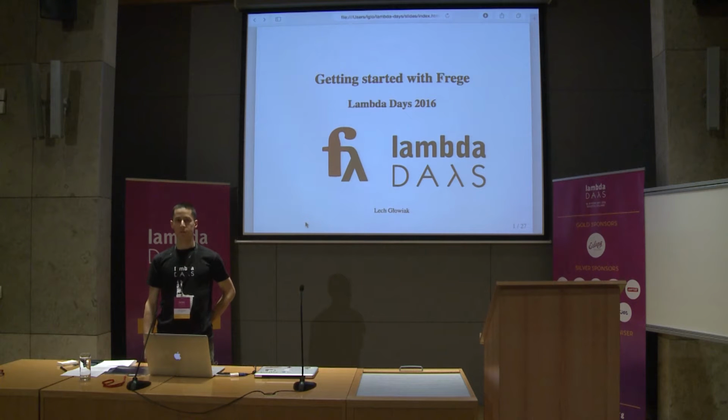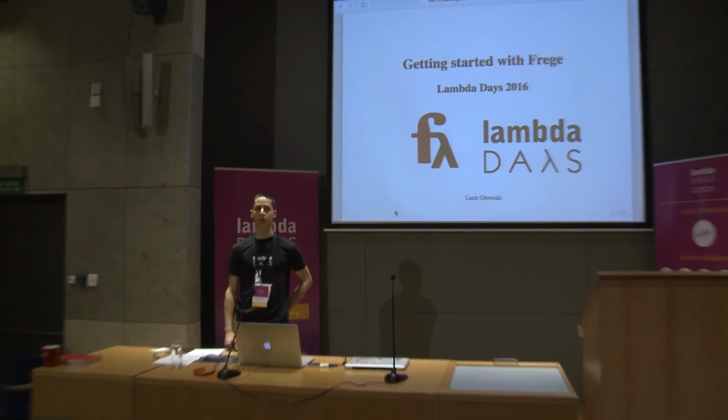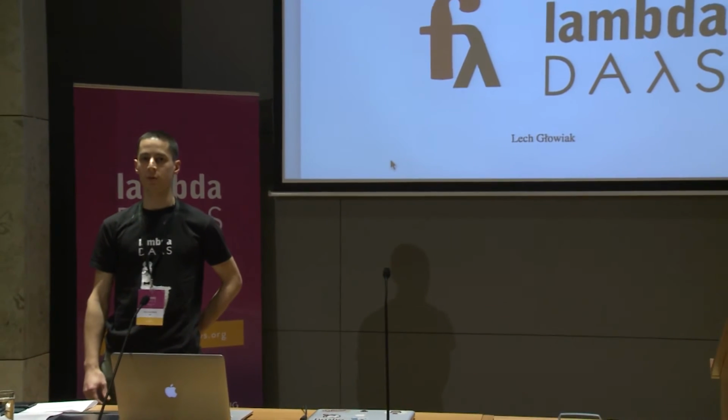So just 30 seconds about me. Currently I'm a Scala developer, but I was a Java developer for a few years with functional inclinations. So I have used LambdaJ in 2011, I think. Always liked it. I have some experience with Erlang also.